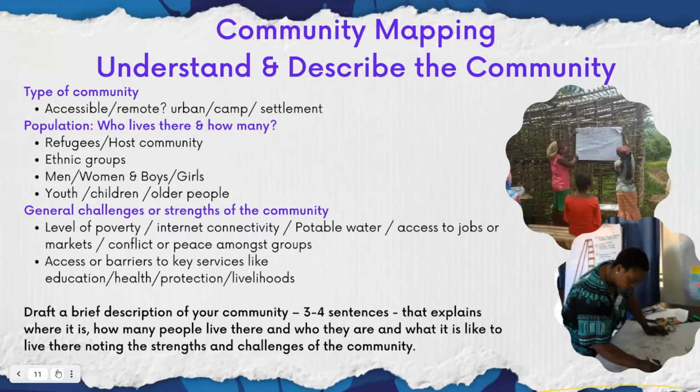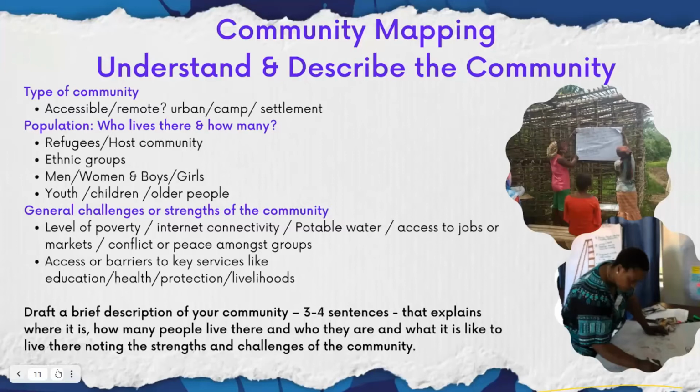I want every one of you, this time, not to raise your hand and speak, but to just use the chat and type 1 or 2 sentences about your community. Maybe you can tell us: I live in this community, we are this number of people, and they're only refugees, or they're mostly women, they're mostly young people of this age. Just use the chat to describe your community.